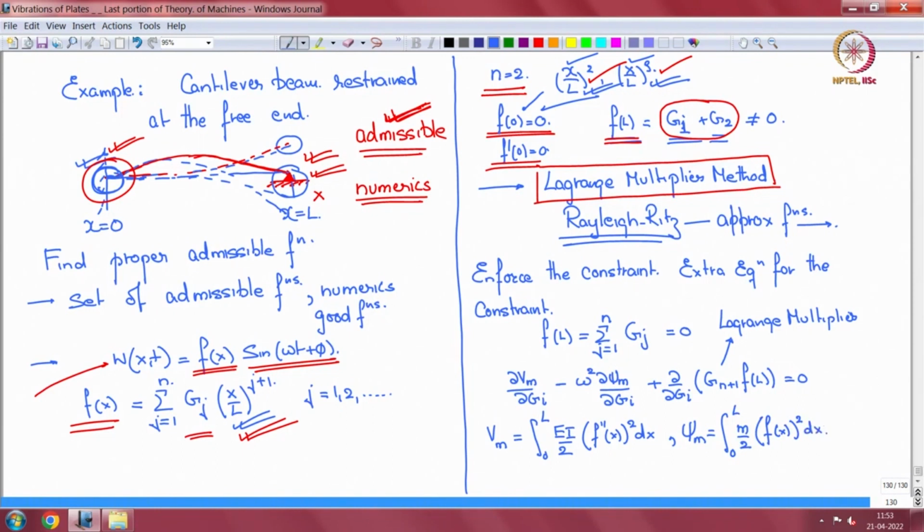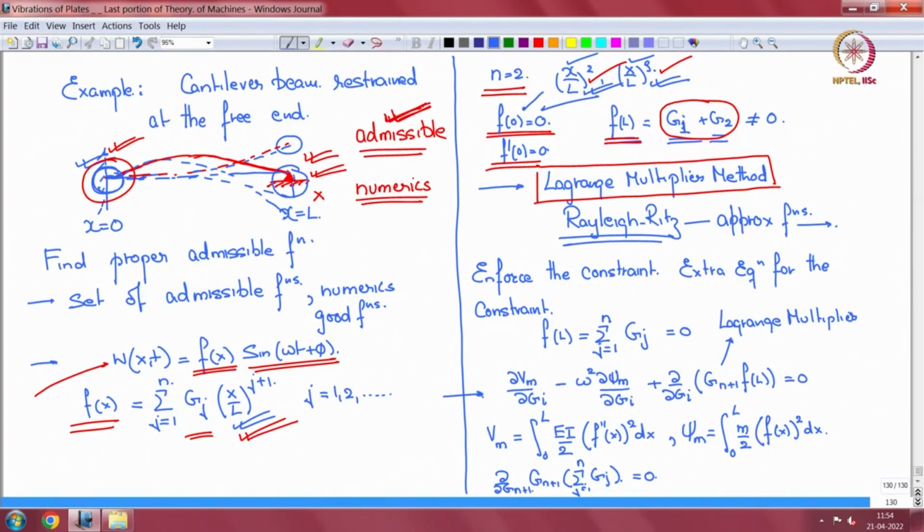So that results in, hold on. If you augment this set of equations with the last equation, which is Gn plus 1 into the summation of Gj, j equal to 1 to n, and take the derivative with respect to Gn plus 1, set it to 0, these are the new set of equations.